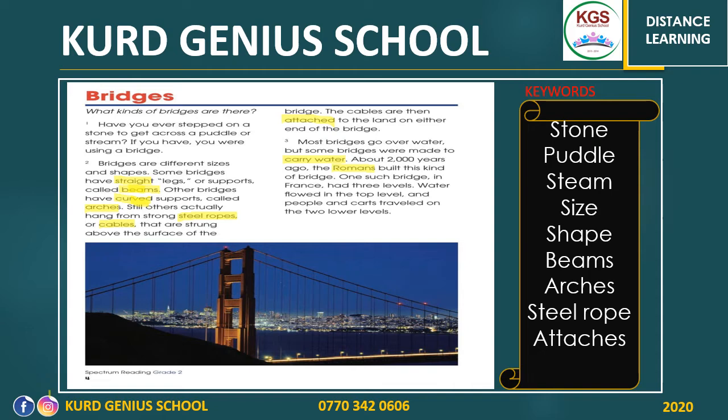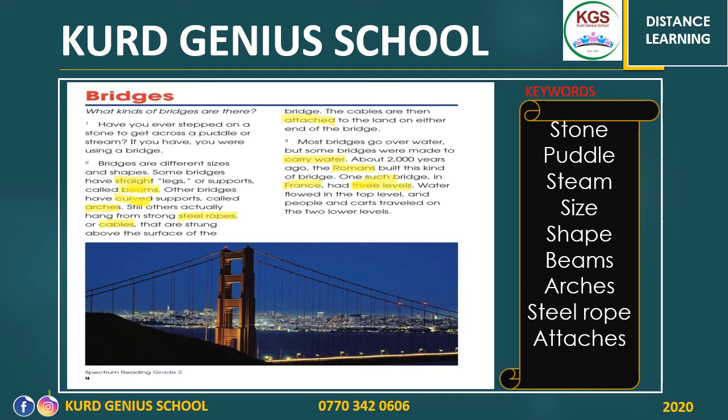One such bridge in France. Also in France, they built a three-leveled bridge. The water flowed in the top level, and people and carts.